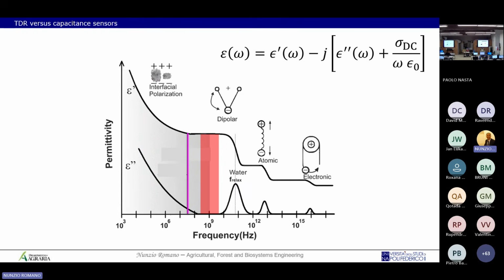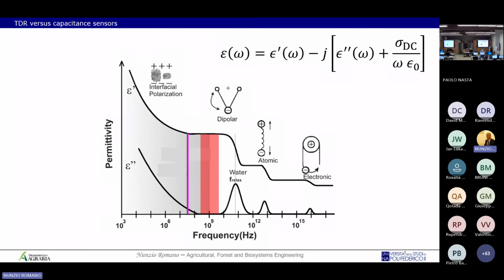But don't worry if this is too complicated. Just to make things clear, we have the plot showing the permittivity versus the frequency of the electromagnetic field, and we have the pattern of the real component and the pattern of the imaginary component.